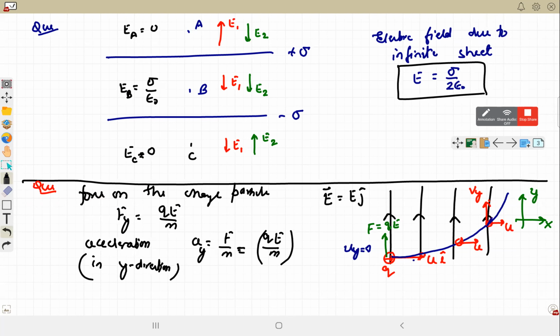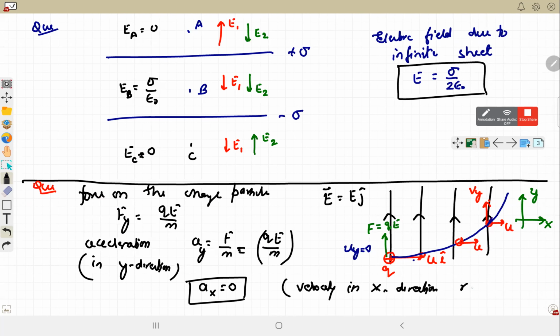In x direction there is no acceleration क्योंकि कोई force x direction में नहीं है, so velocity in x direction remains constant, just like in the projectile motion we did. Velocity in x direction will remain constant.